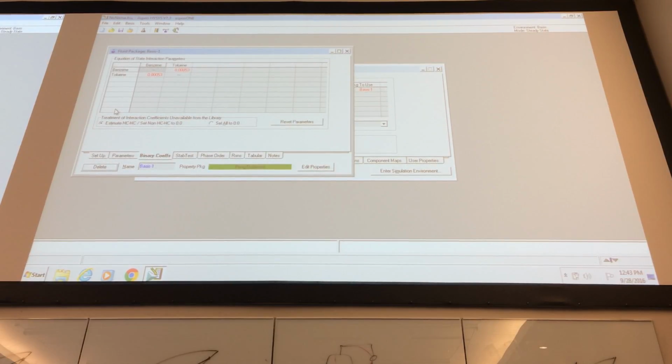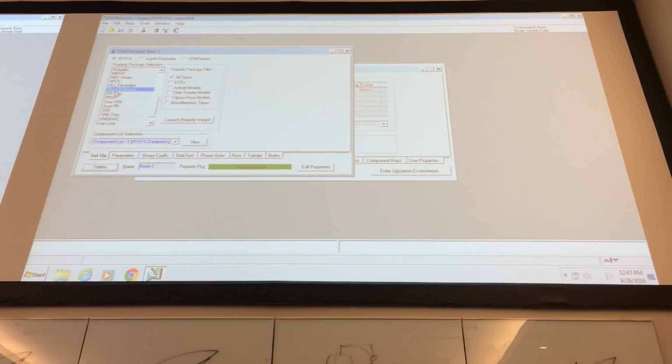If you start doing anything other than that, you want to check these binary coefficients and make sure that these exist. If these binary coefficients don't exist, then all of your thermodynamics calculations are going to be wrong, or by default some value that is completely meaningless. So check that.